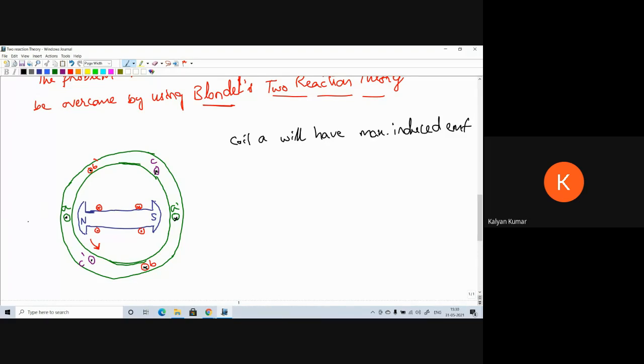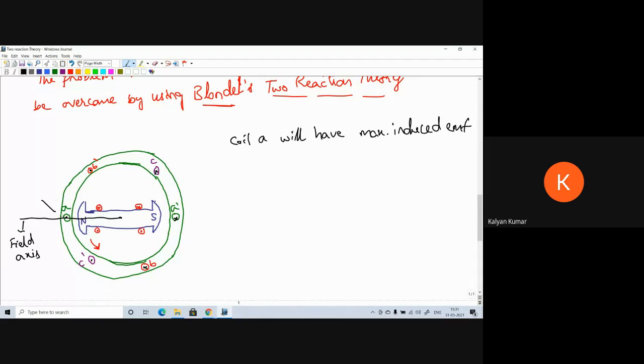Now, if you draw an axis along with the north pole and south pole of the rotor, this axis is called the field axis.